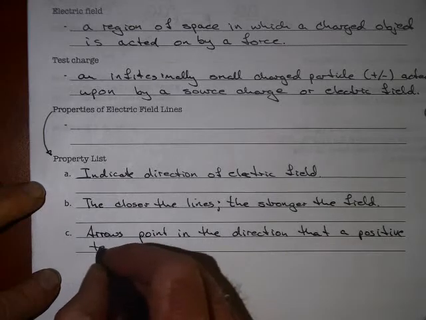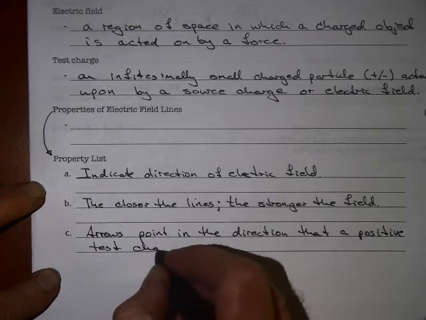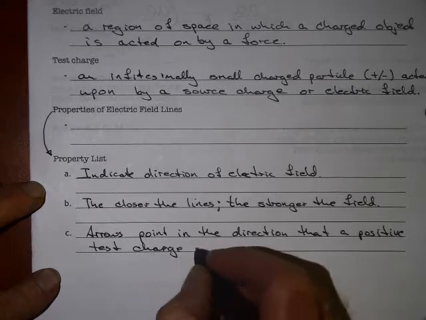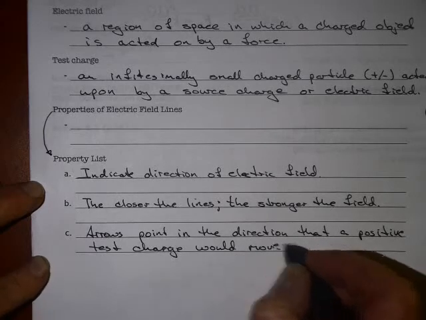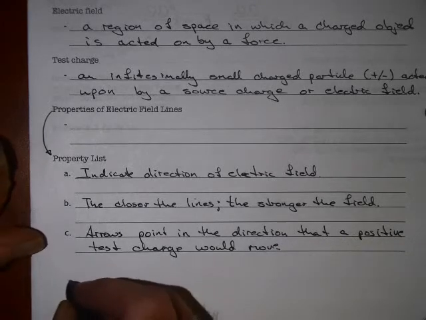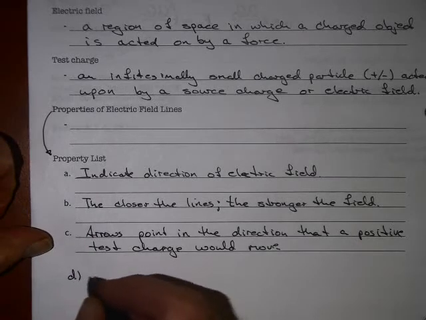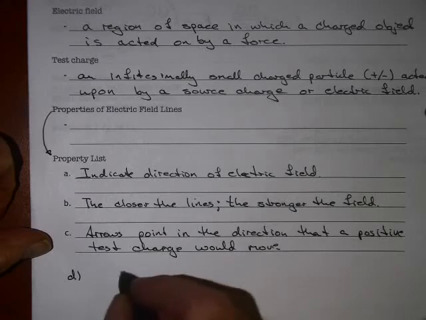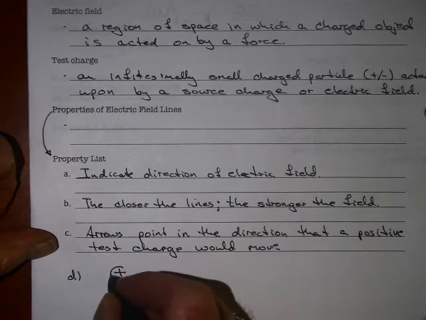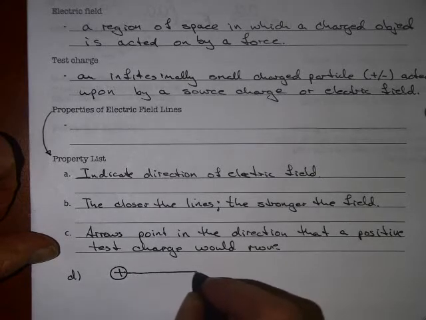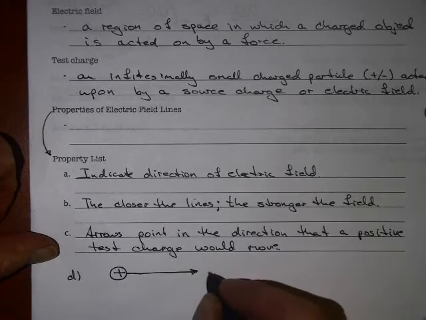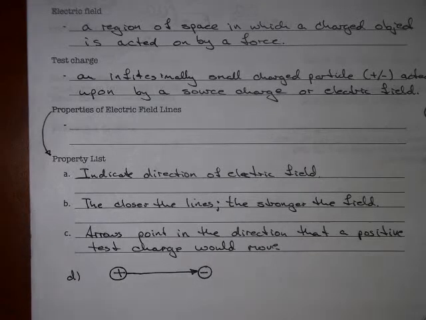Okay. Generally what that means is that if this is a positive charge, then the arrow is going to point away from it, and it points towards a negative charge. Okay. So how do you feel about that?